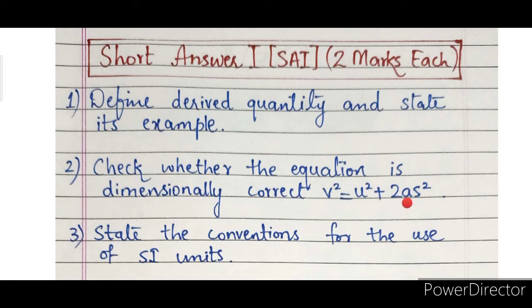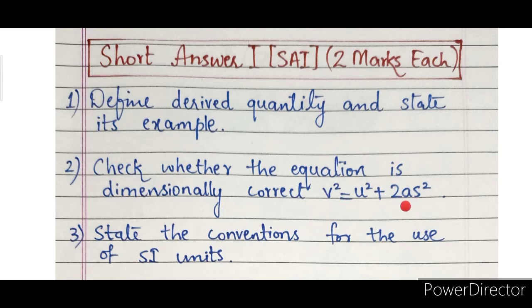Then for 2as square, acceleration has the dimension L1 M0 T minus 2 into s square, where s represents the displacement, and hence the dimension of displacement square would be L2.